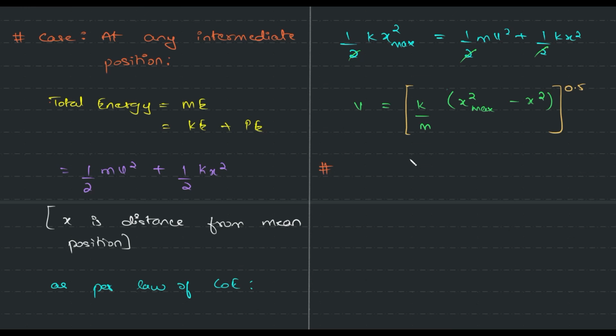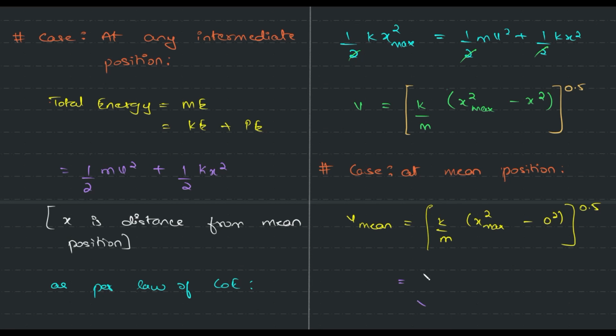Again, we are looking at important results. This is the general expression for figuring out the velocity at any point, not only the extreme point. Now we'll take the case at the mean position. The velocity at the mean position will be equal to the square root of k by m times x max square minus 0 square.